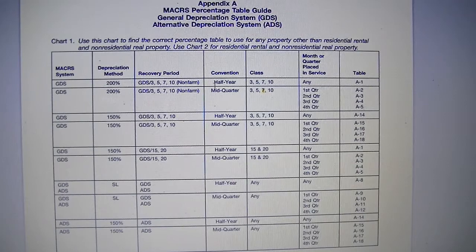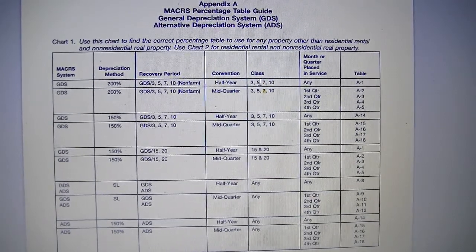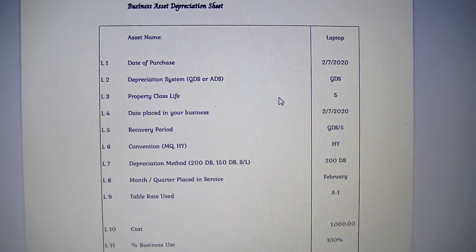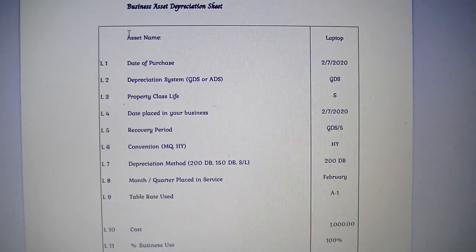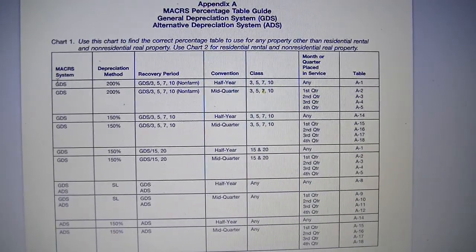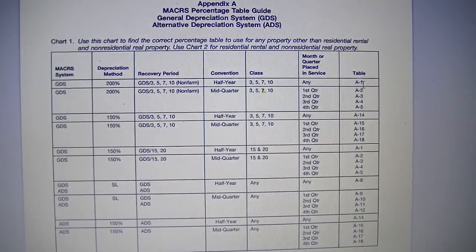And knowing the convention and the asset class is 5, property class like 5, so that will be the first column, the first row, the table is A1.